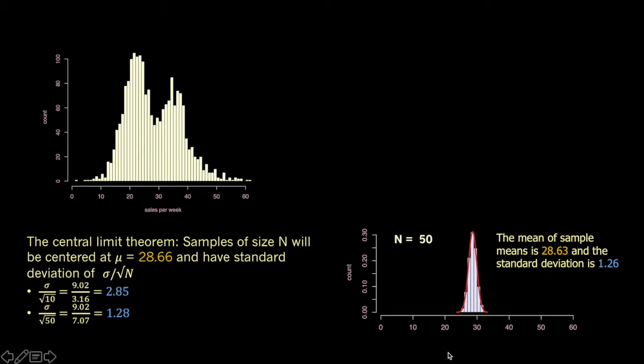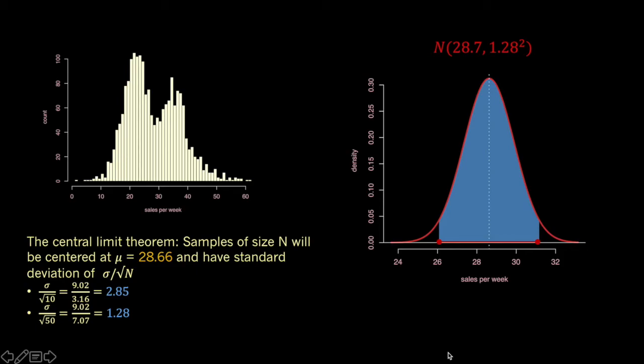So let's look at this picture and draw it a bit nicer. That's the same picture, I just used a different scale. It's a normal distribution, centered around 28.66. I rounded the number to 28.7, and with a variance of 1.28 squared.